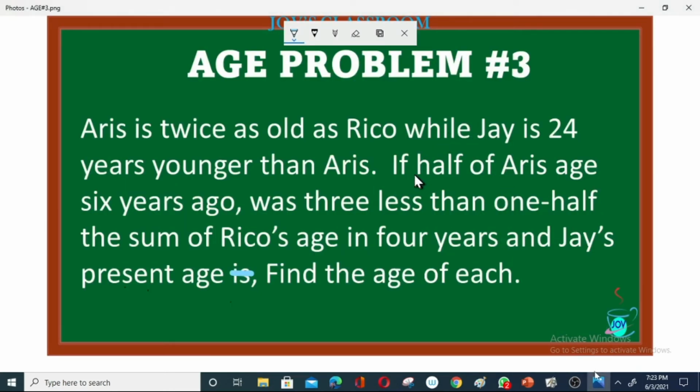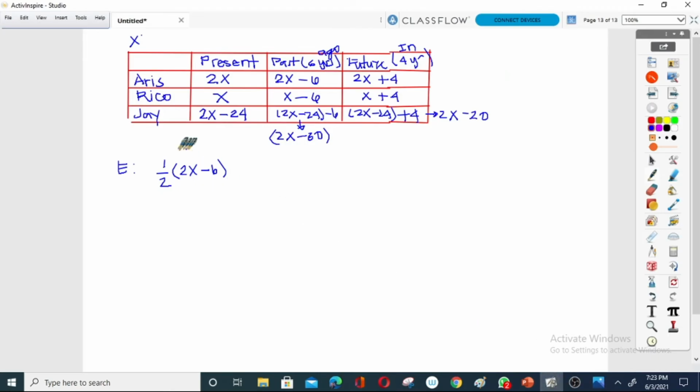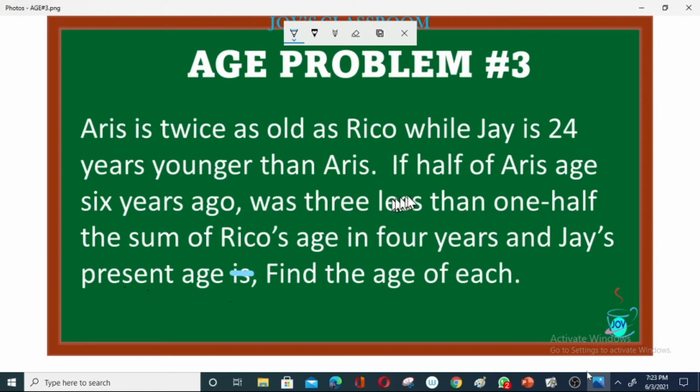That is half of what Ari's age 6 years ago was. The "was" here is equivalent to equal. Three less than half, so minus 3.